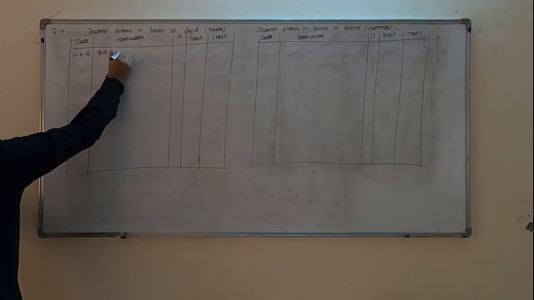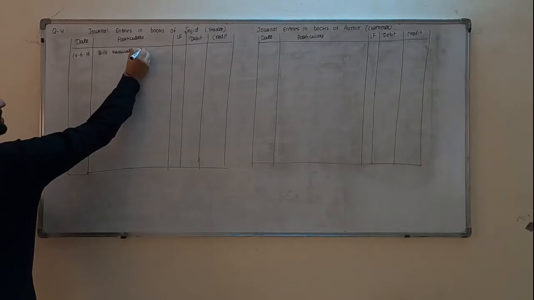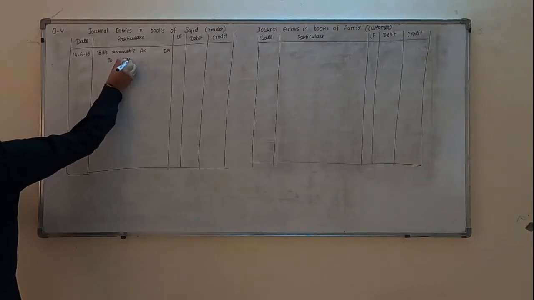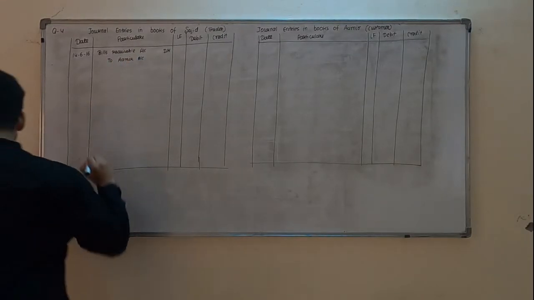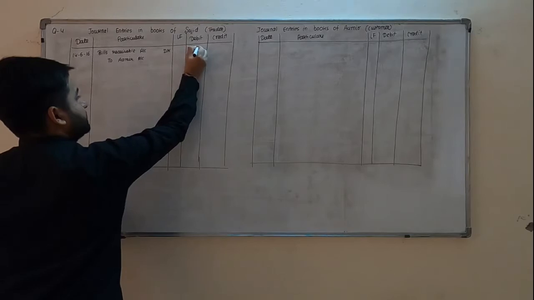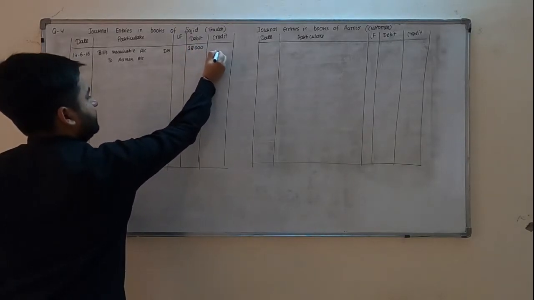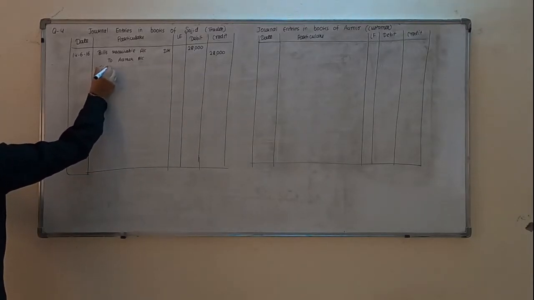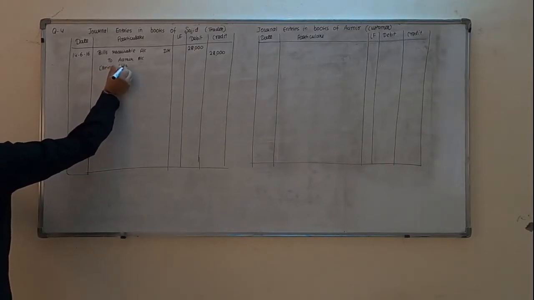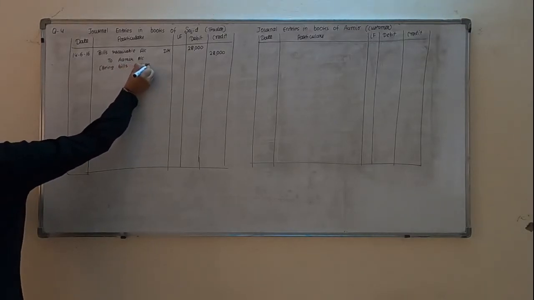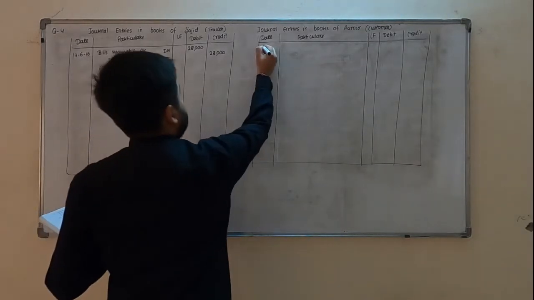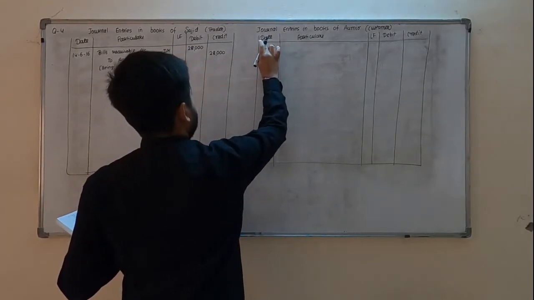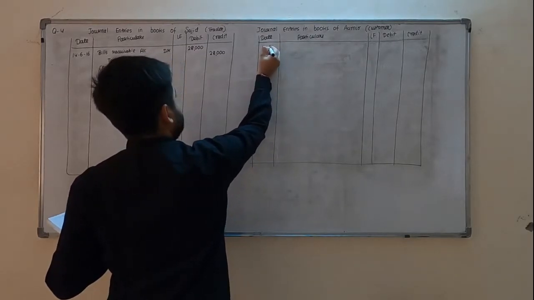So bills receivable account debit to Amir account. Bill is of 28,000. Being bills drawn. He is drawing the bill while he is accepting the bill on 14/6/16.